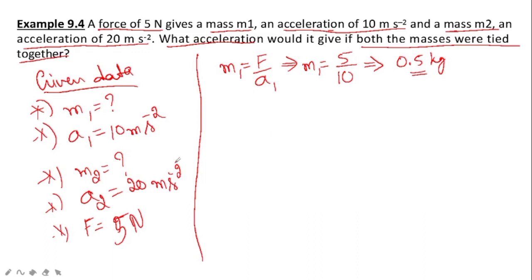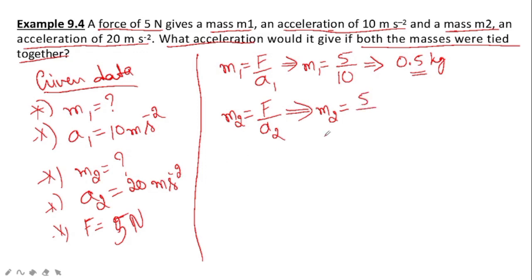Now we will find m2 value. So m2 is equal to F by a2, because please remember force is equal to m into a. So on rearranging the equation we will get this formula. So m2 is equal to, what is F? F is 5.